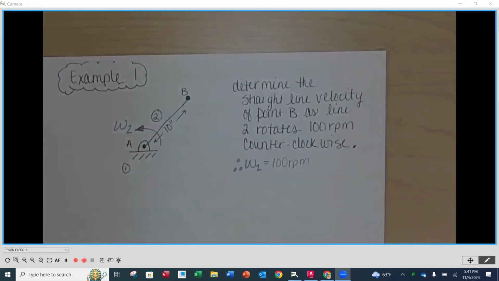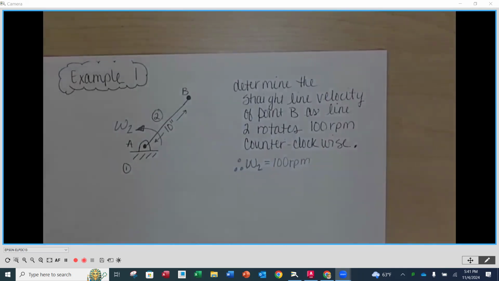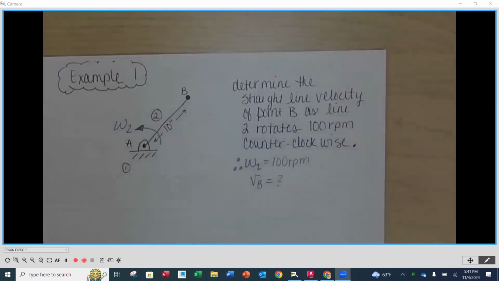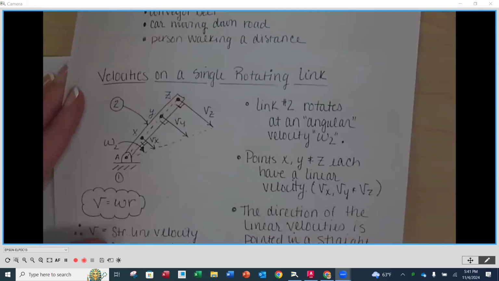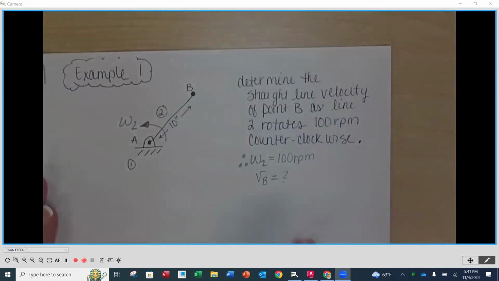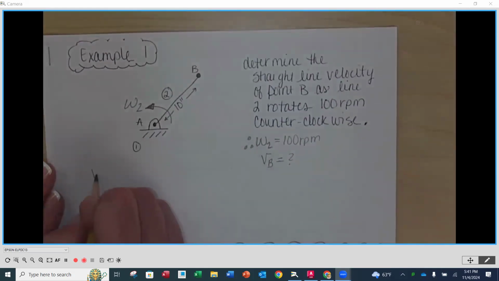Now, we want to calculate the straight line velocity of point B. So we want to find VB. The equation that relates the items on a rotating link is from the first page: V is equal to W times R. So the straight line velocity of point B is going to be equal to W2, because point B is on link number 2.